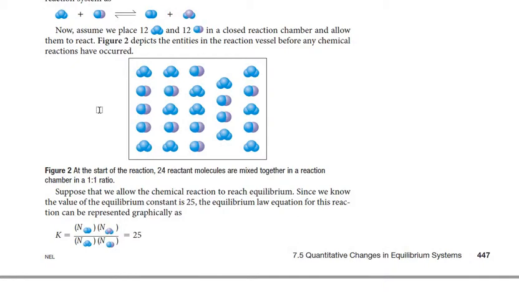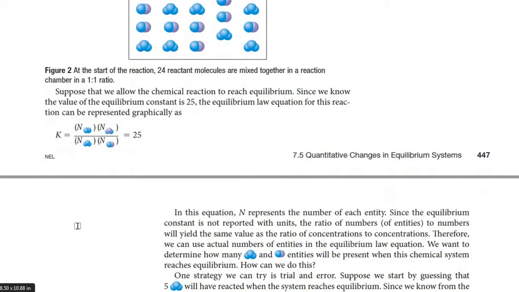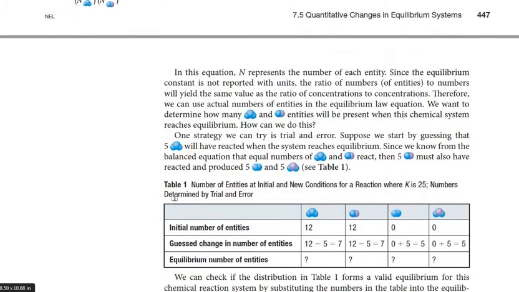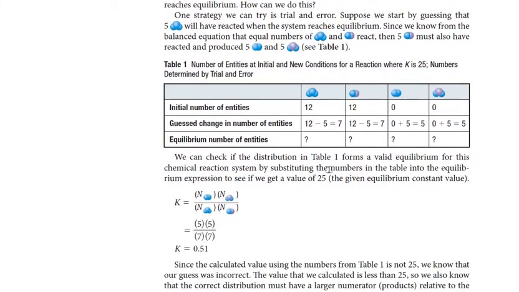Since we know the value of the equilibrium constant is 25, the equilibrium law equation for this reaction can be represented graphically as below. We had this equation earlier for the equilibrium constant, and then we can have them like that, before and after reaction, and count the number of equilibrium entities for each side.